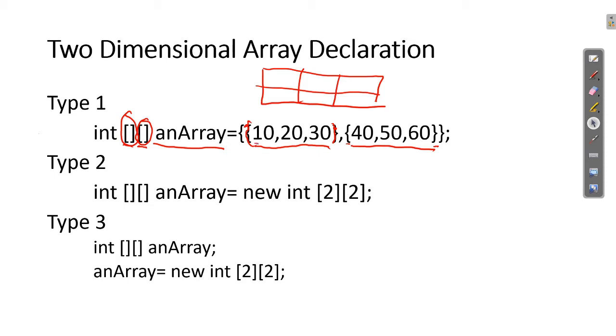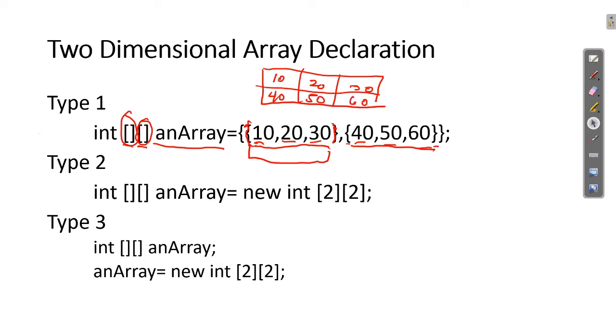Tapos kung ilan yung entities sa loob, ayan, so we have 3 entities for them, yun naman yung magsaset ng column natin. Okay, so yung row 1 natin, so yung unang group ng values, ito, we have 10, we have 20, and we have 30. Yung next group will be having 40, 50, and then 60.